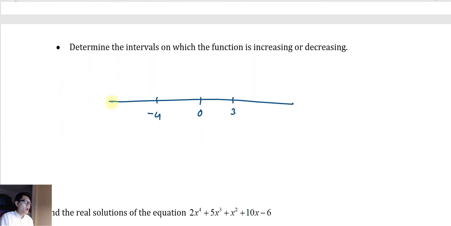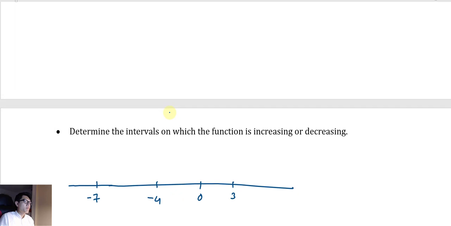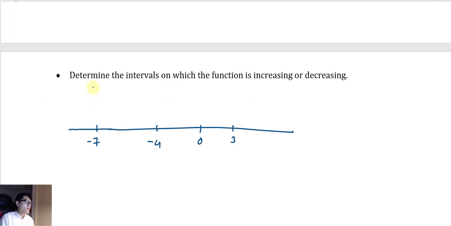So all the way to the left here, something like that. Okay. Now let's pick a value. Let's make the boundary, and now we are doing some testing.